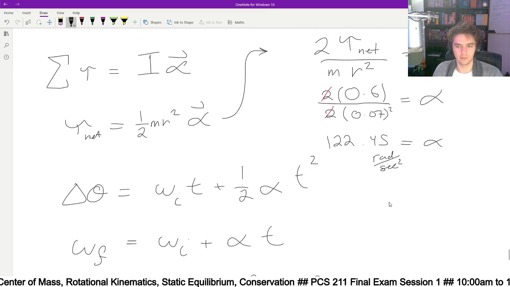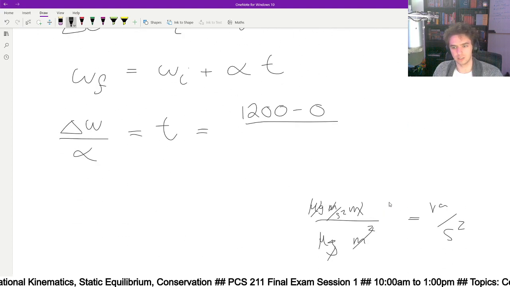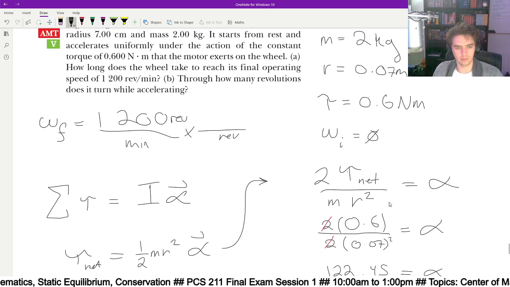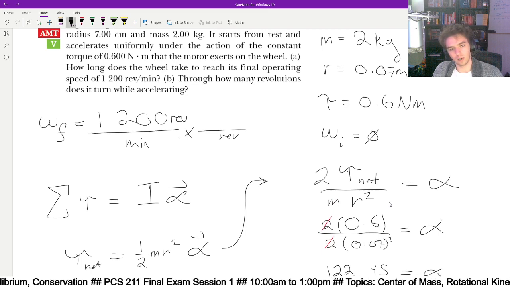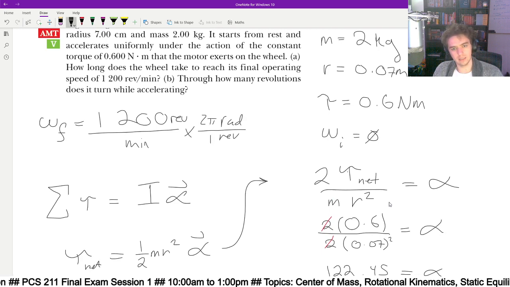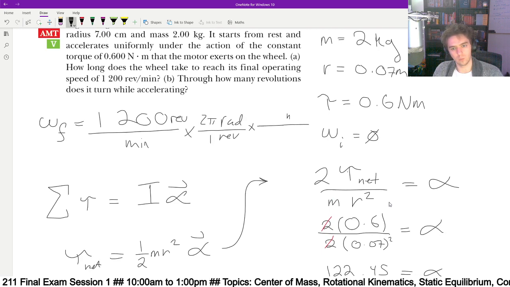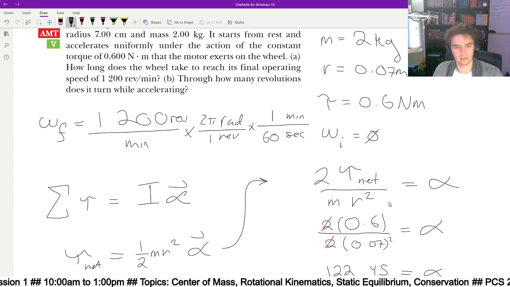But the other one's still revolutions per minute, so I do have to change that. Fix that line. In 1 revolution there's 2 pi radians, and in 1 minute there's 60 seconds.